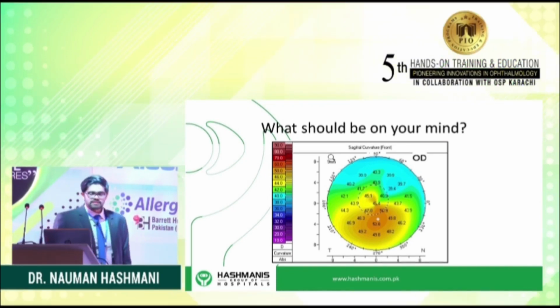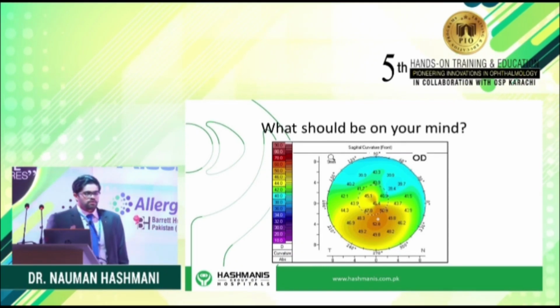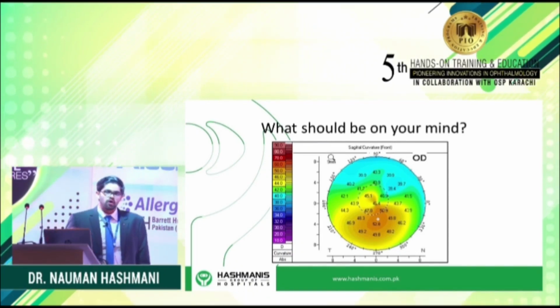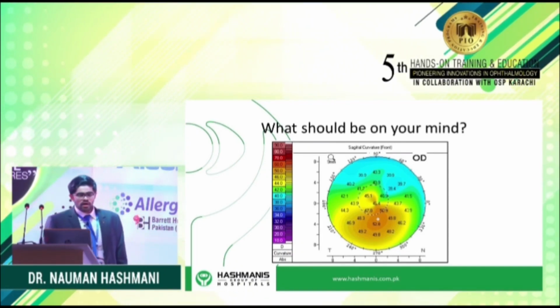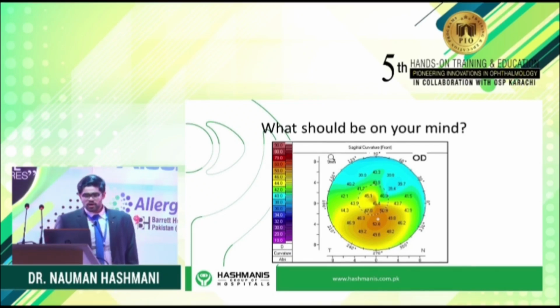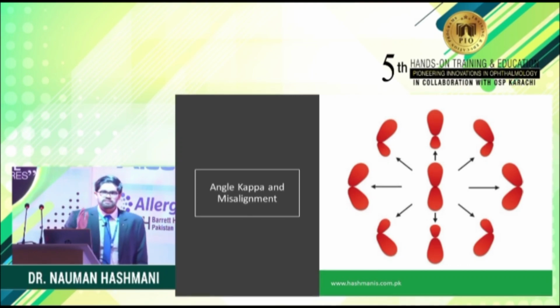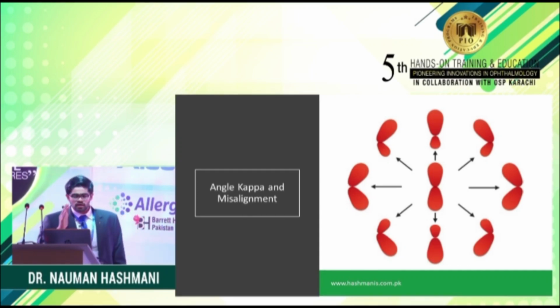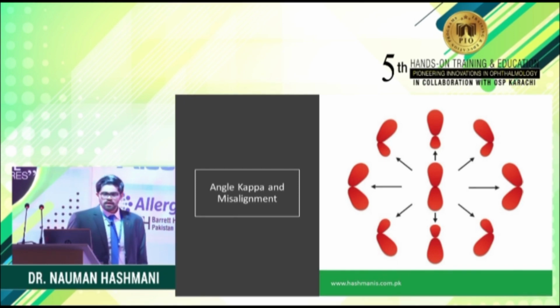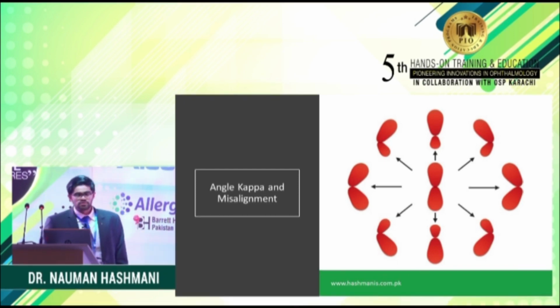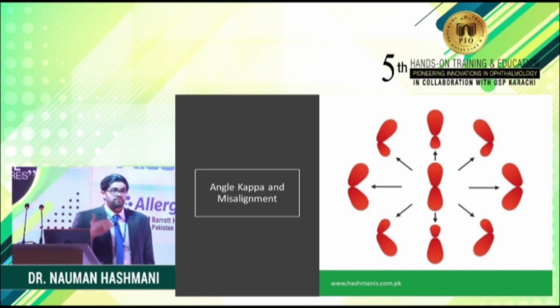When you look at this image, this is a sagittal curvature map. The first thing that should be on your mind right now is angle kappa misalignment. And this is why. If you have someone with a symmetric bow tie pattern of astigmatism and a high angle kappa in the vertical axis, if it's superiorly displaced, you're going to get an asymmetric bow tie, and if it's inferiorly displaced, you're going to get another asymmetric bow tie with an inferior steep.